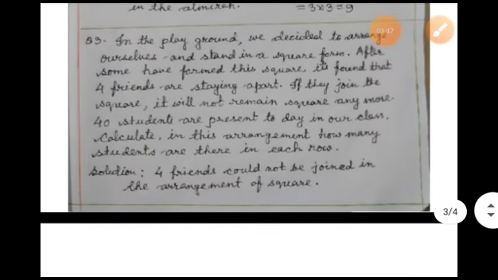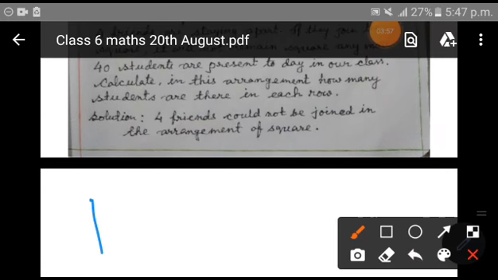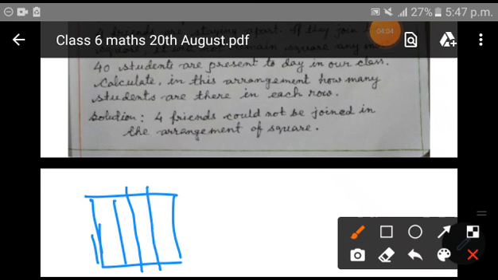Now, in these types of sums, the main thing you need is this: in a square root sum, suppose this is a square. If I try to make the arrangement in this format, the number of rows will be equal to the number of columns, right? Here you can see that 4 columns are present and 4 rows.